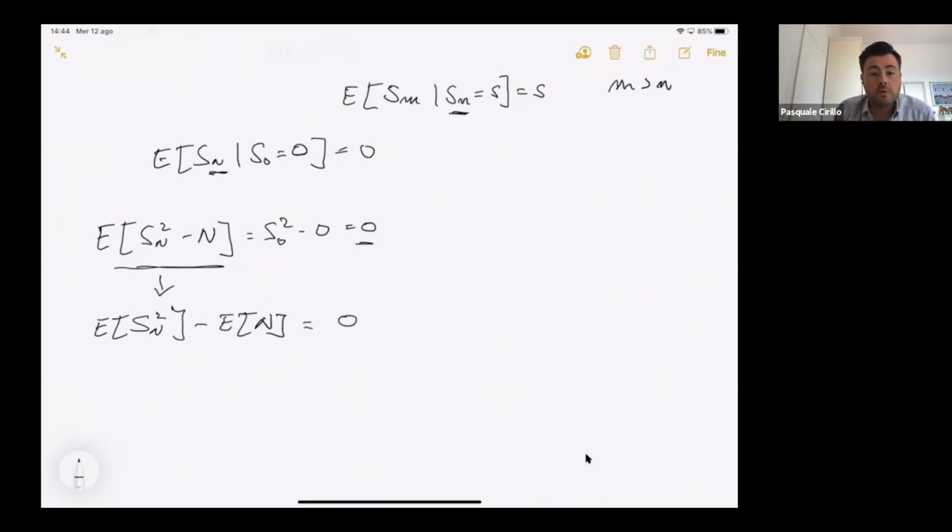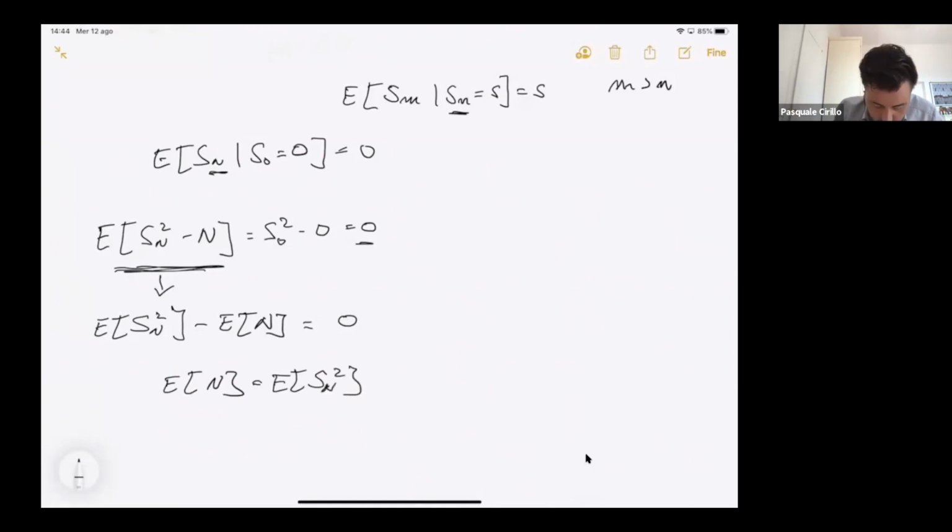It needs to be equal to 0, so the expectation of capital N is equal to the expectation of Sn squared.